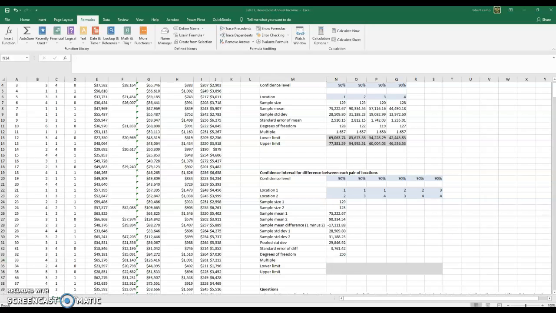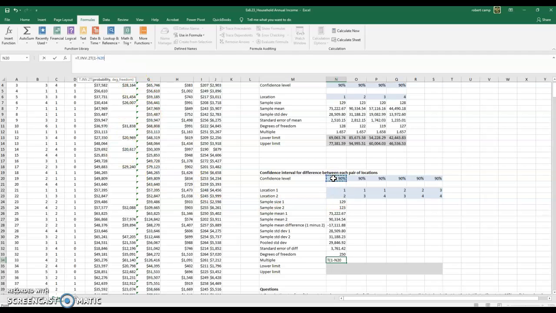Once again, we are going to use the T inverse function because we want an actual value. So T inverse two-tailed, because we want to make sure that we get both sides of our probability distribution. And as usual, we want to make sure that we actually finish the equation, so we hit tab. My confidence level is 90%, so I'm going to use my alpha value, 1 minus my confidence level.